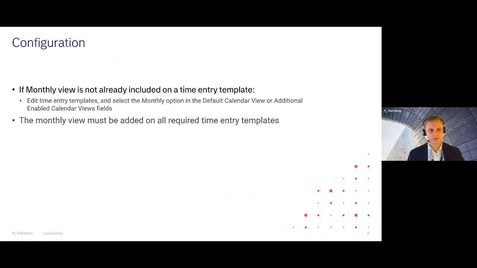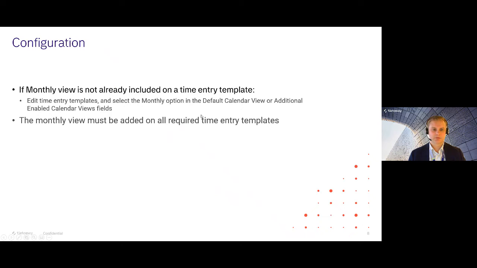First of all, if you don't already have the monthly view as an option or the primary choice, then you can edit the necessary time entry templates. Depending on which groups you want to enable this for, you would select the monthly option in either the default or the additional view.